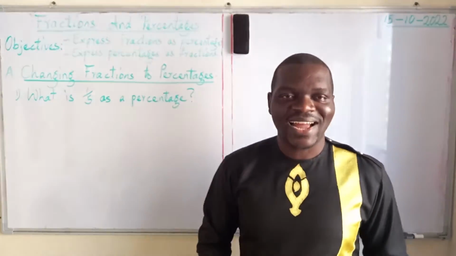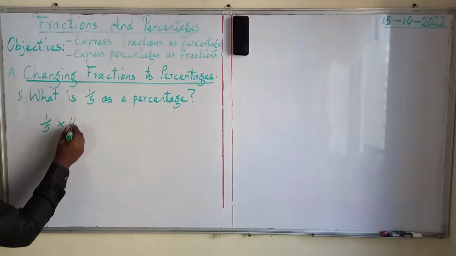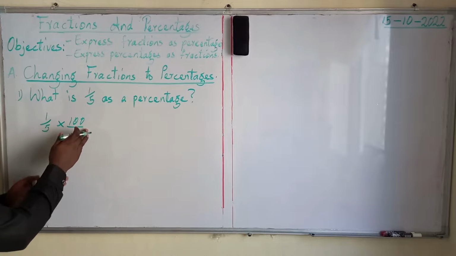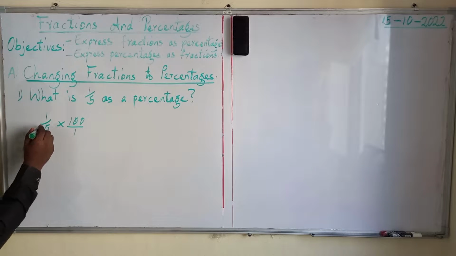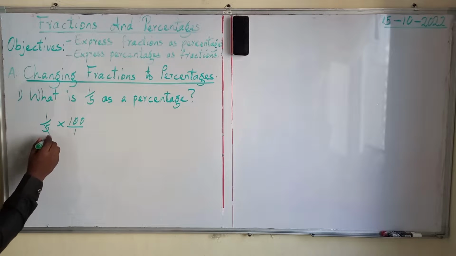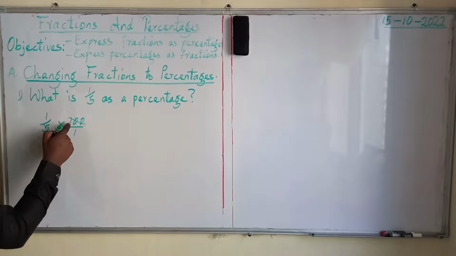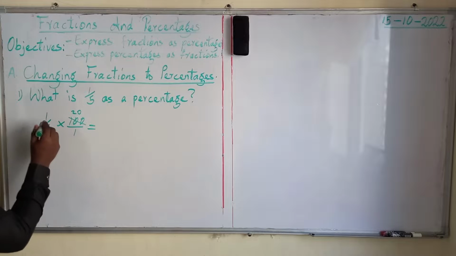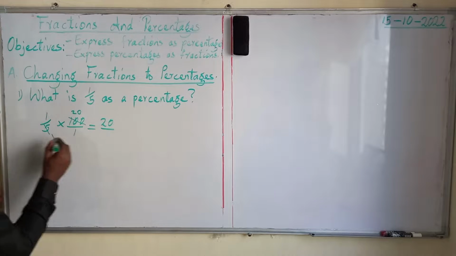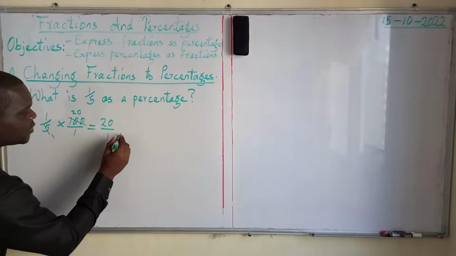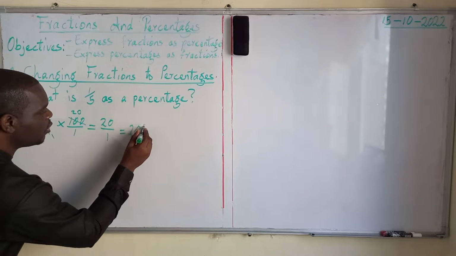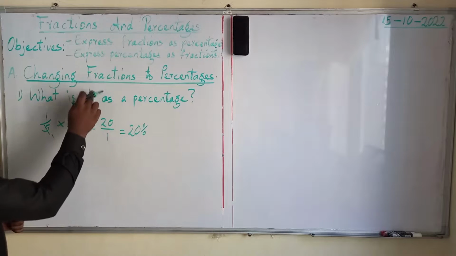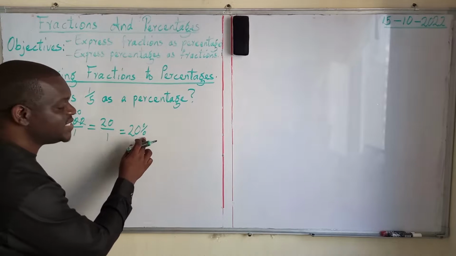So 1/5 times 100 over 1. 5 can simplify: 5 divides 5 one time, and 5 divides 100 twenty times. So here we have 1 times 20, which is 20, and 1 times 1 is 1. 20 over 1 is the same as 20. Always remember to write your answer as a percentage. So 1/5 is the same as 20%.